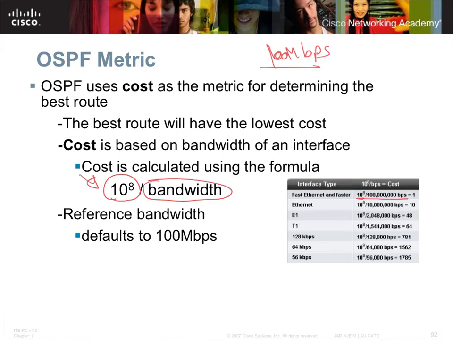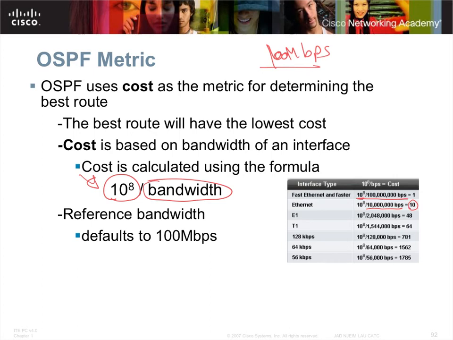So fast Ethernet has a theoretical bandwidth of 100 megabits per second, so the cost of fast Ethernet will be 1. The cost of Ethernet is 10 megabits per second, in which case the cost is 10.